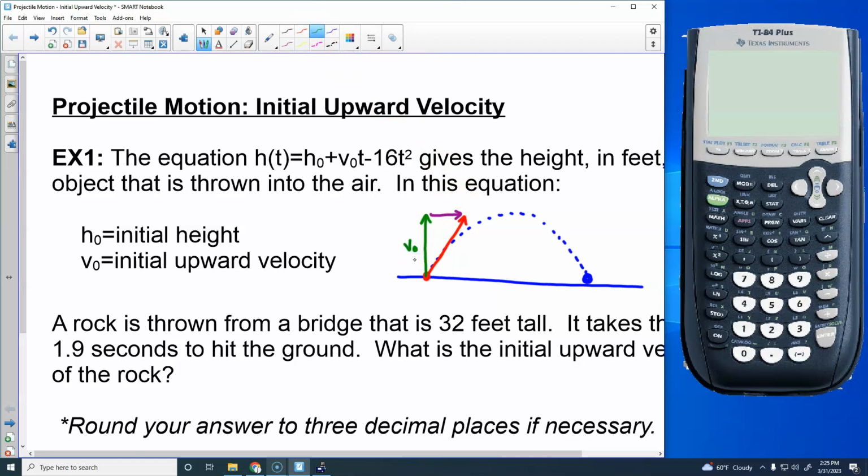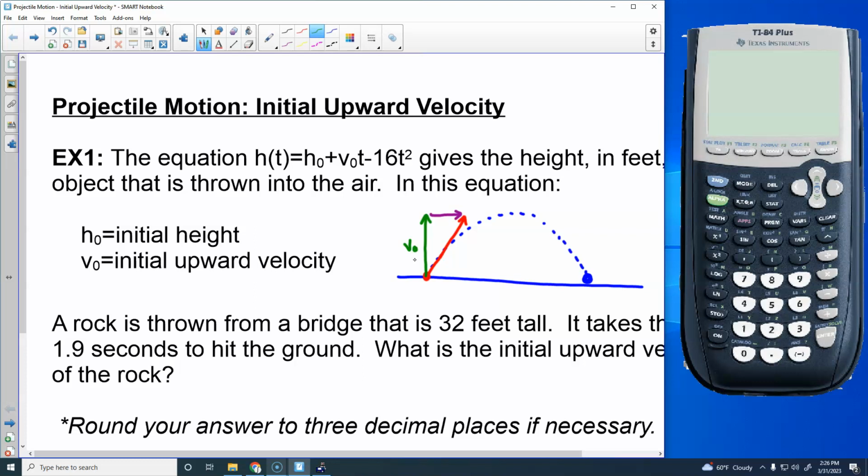So even if you have a radar gun, you still can't really measure initial upward velocity unless you're shooting something straight into the air. If you're shooting straight into the air, the velocity is the initial upward velocity because it's only going in one direction. But if it's going sideways even a little, then the initial upward velocity is not the same. So even if we borrowed a radar gun from the baseball team, we're not going to be able to see how fast our initial upward velocity of our pumpkins is, unless we shoot them straight into the air.